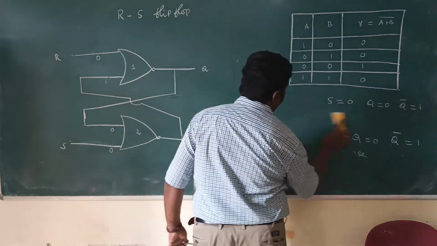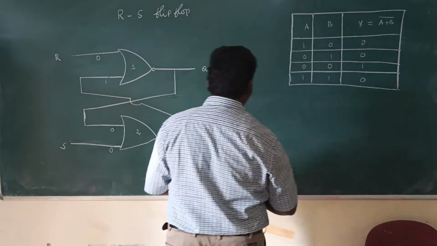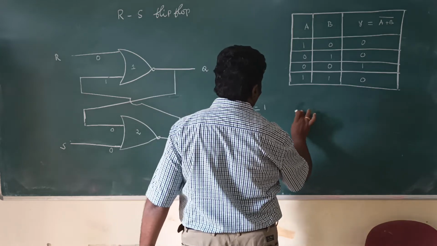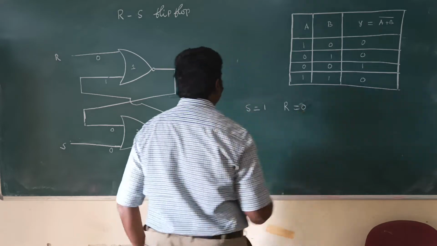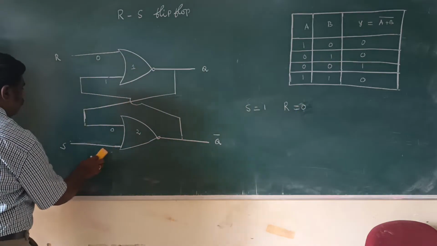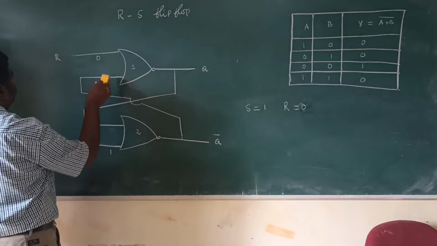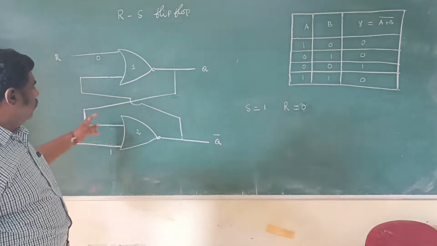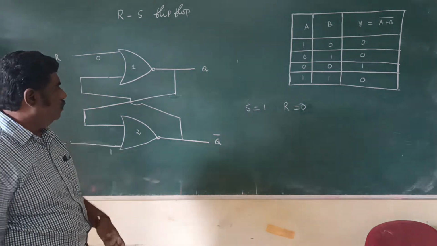If S equal to 1 and R equal to 0, now consider this case. Now take the second NOR gate. If any one of the inputs is high, the output is low.